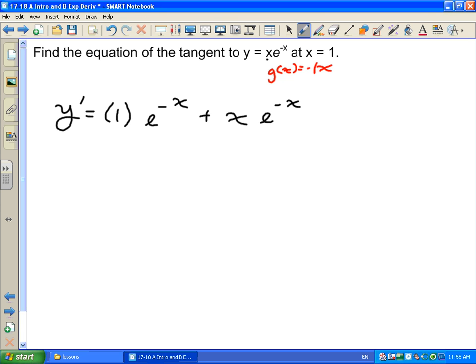So g to the x should be negative 1x. So we've got to multiply that by negative 1 there. And then we can simplify. E to the minus x minus x e to the minus x. Have I done this correctly? Okay. Where do we want to go from here?